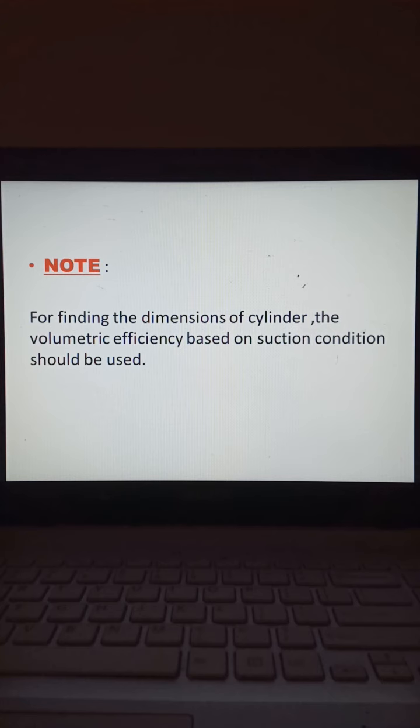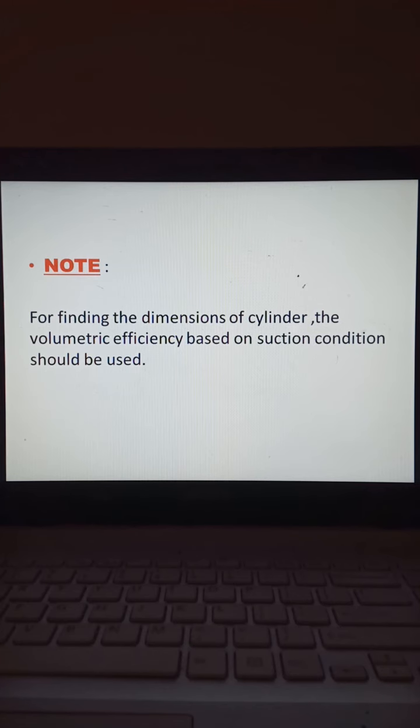If in numericals some question is asked to find the dimension of the cylinder, you need to use the volumetric efficiency at suction condition, that is effective shift volume divided by Vs.